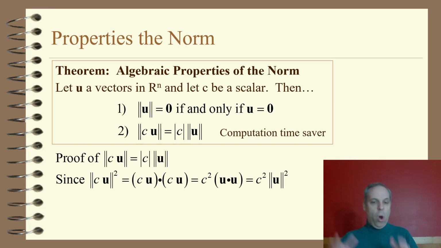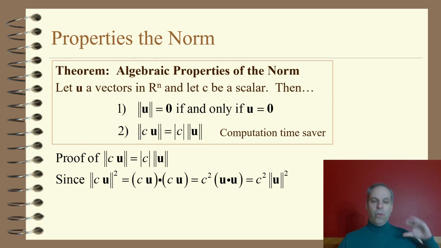So we just gather all those scalars, c, twice, and just put them out front of the dot product, u with u. So c times c is c squared. That means then that the length of cu squared has to equal c squared times the length of u squared. And that's because u dot u is just the length of u squared.